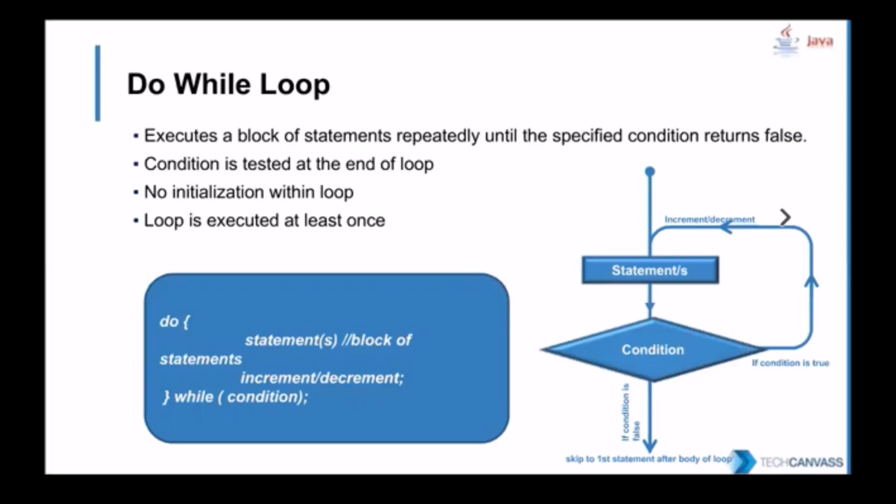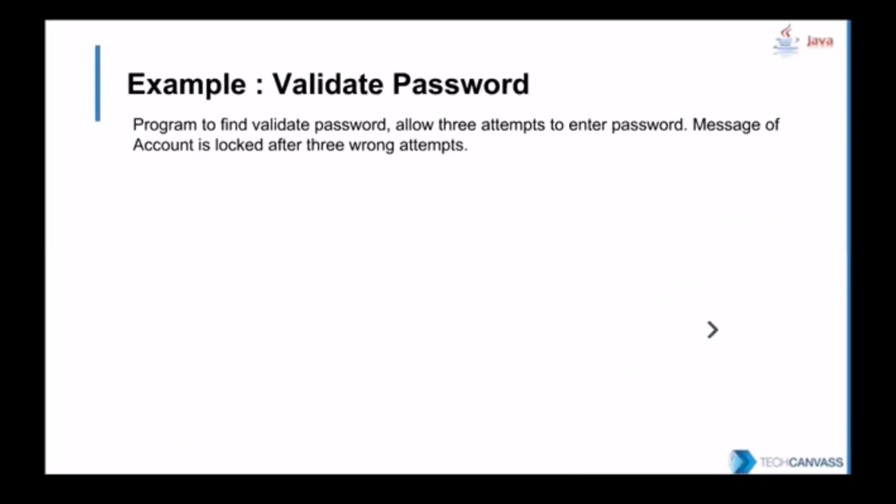But in do while loop, even if the condition is false, the code is executed at least once. Because first we execute the statement, then we compute the condition. So this is the point to remember: first we execute the statements, then we compute the conditions.